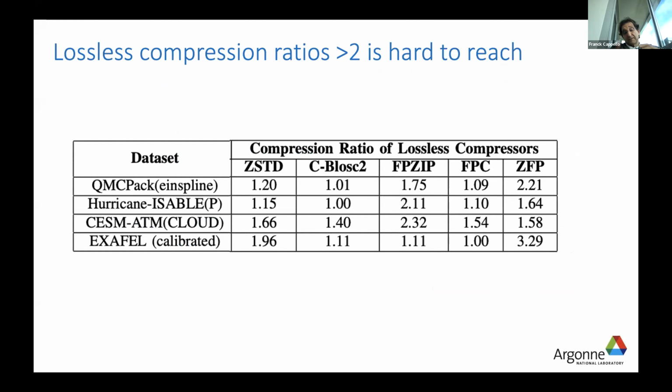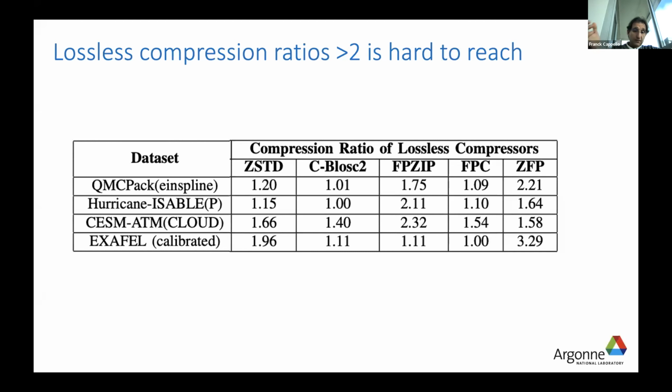To give you an idea of how much compression we can get with lossless compressors, you see here on the left side at least two of the ECP datasets plus some datasets on climate and weather, and you see lossless compression with Zstandard, with BLOSC, with FPZIP, with FPC, with ZFP, but ZFP in lossless mode.